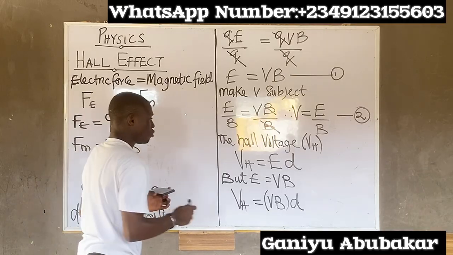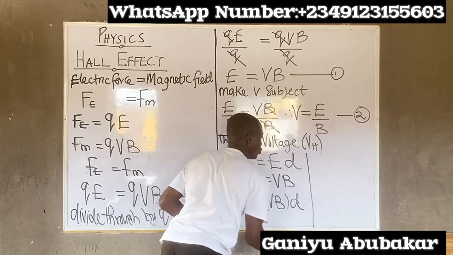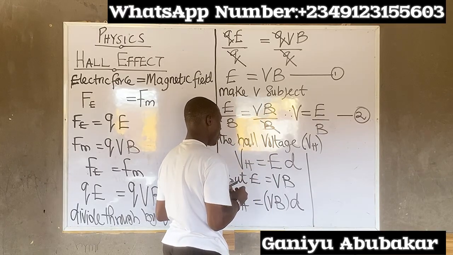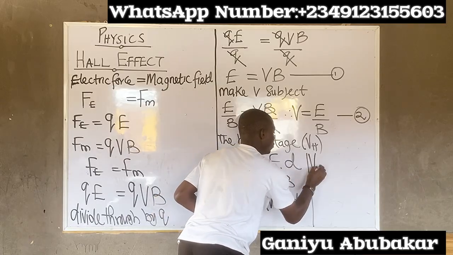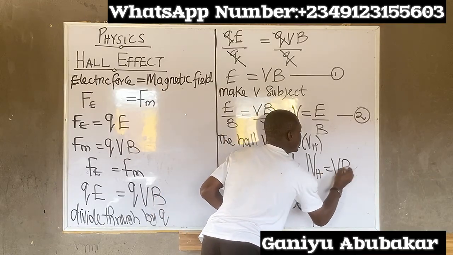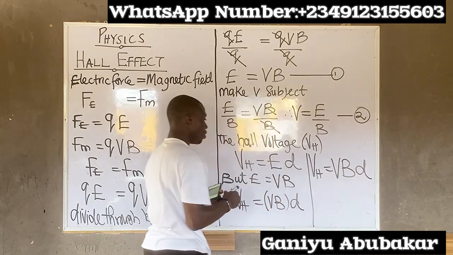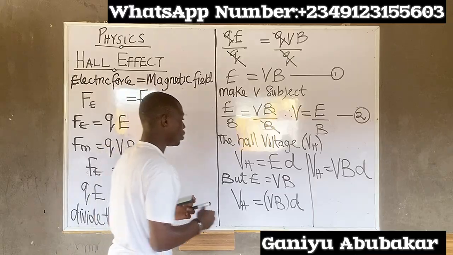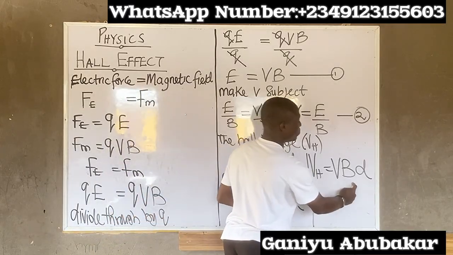From here, I'll multiply through. VH, which signifies the Hall voltage, gives you VH equal to VBd. This formula is the formula for Hall voltage. That's V times B times d.